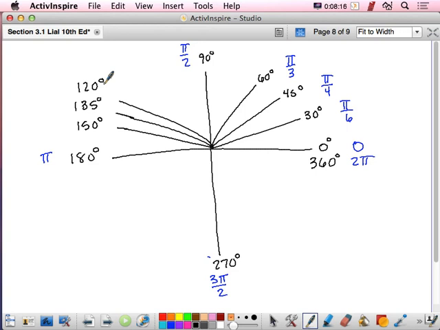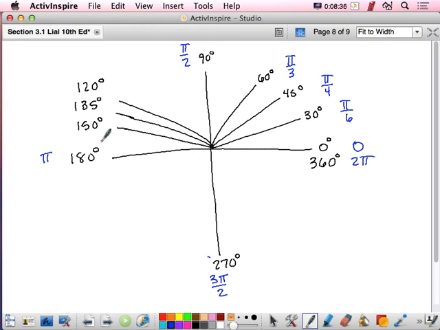Okay, so let's go back through in blue and let's talk a little bit about conversions. If you took a moment and you converted 150 degrees to radians by multiplying it by pi over 180, you would get 5 pi over 6.